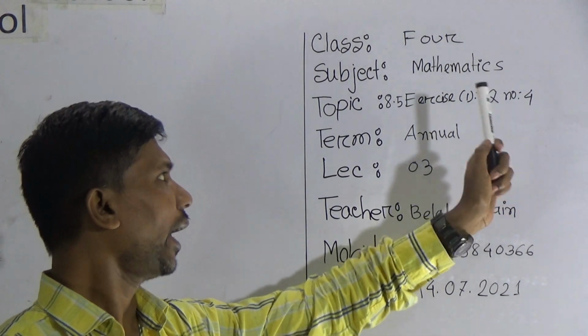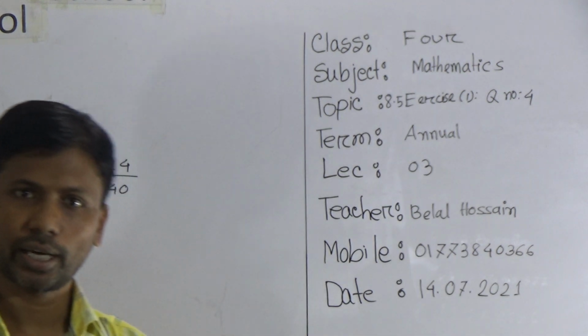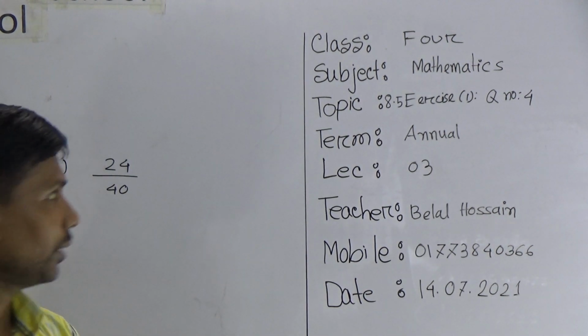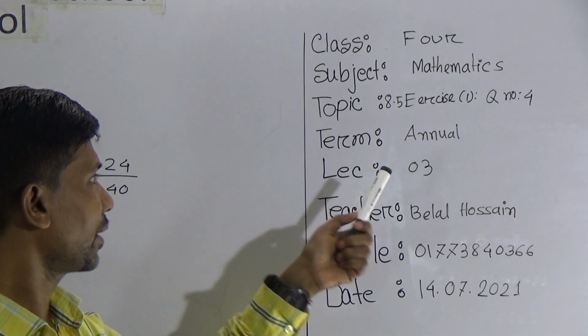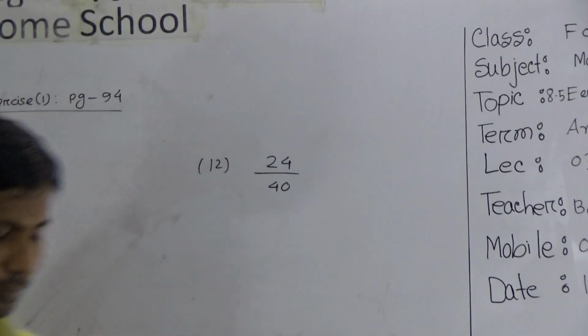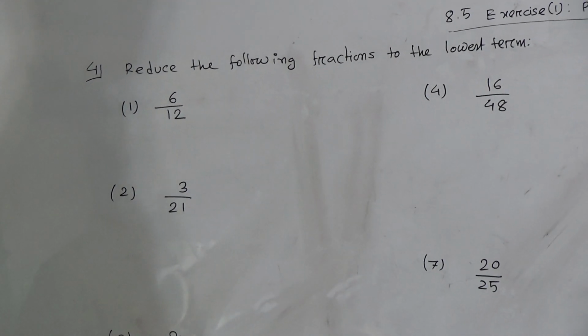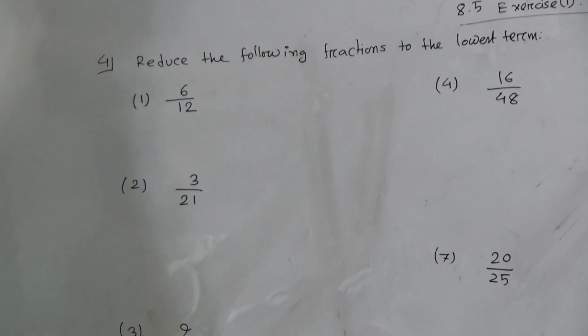Okay student, I hope you see and you have got the annual term syllabus. The lecture number is 3. Look student, question number 4, which is taken from your book, page number 94.